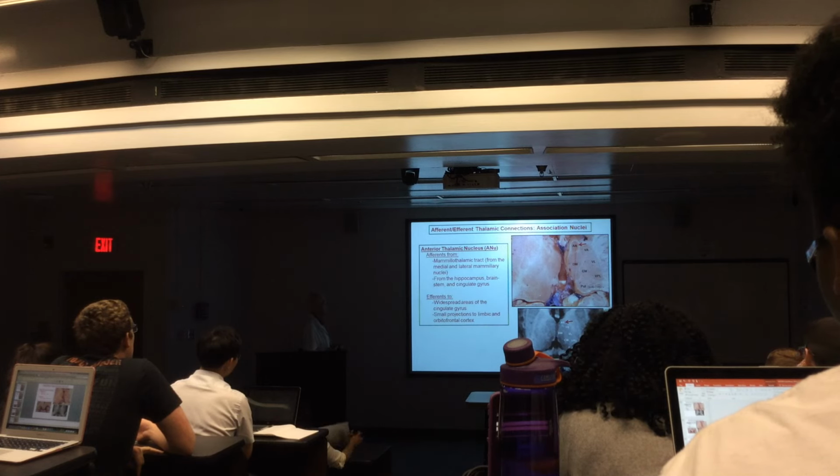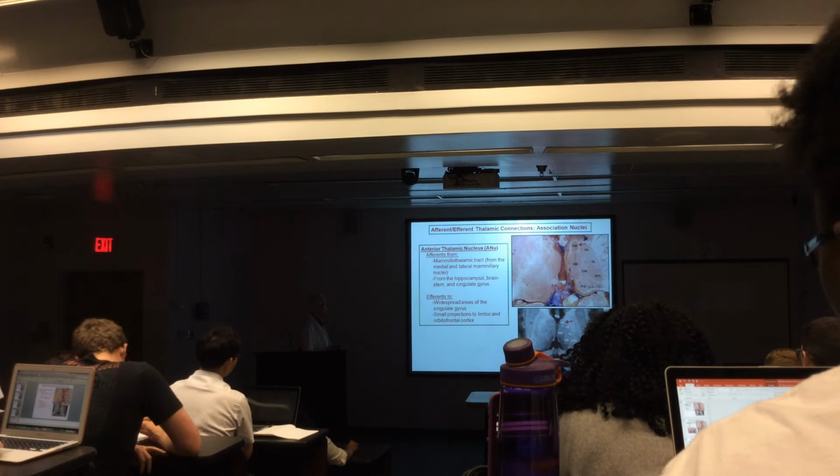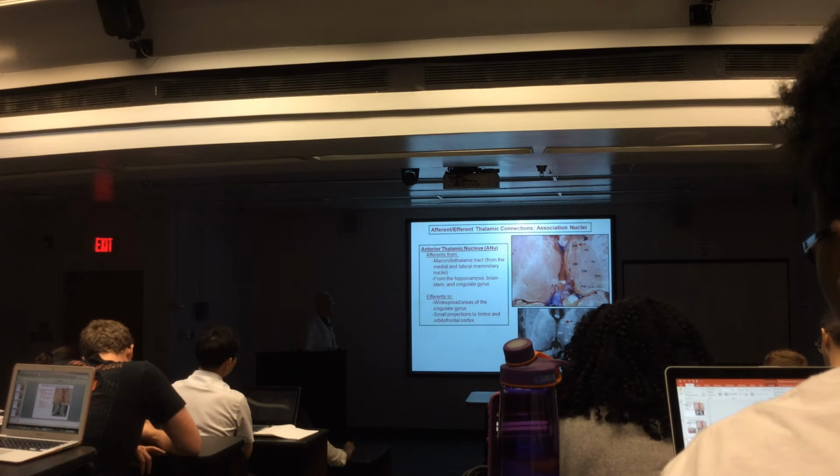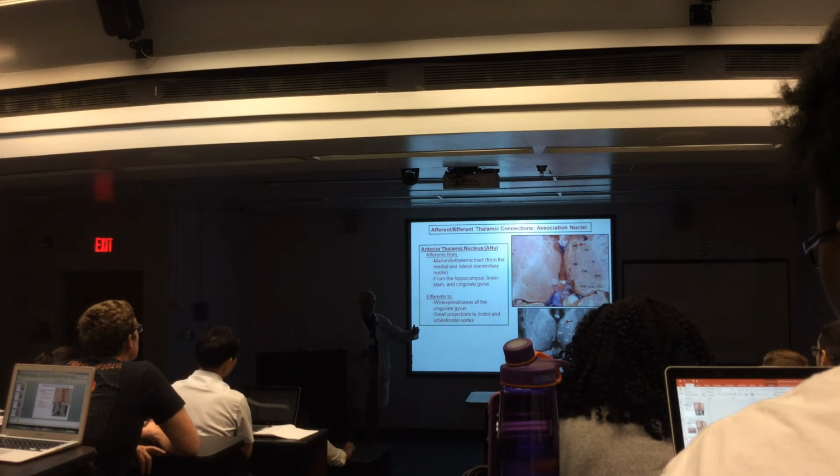Okay, association nucleus. The anterior nucleus is an association nucleus. And you can see here that it gets information from the mammillary body by way of the mammillothalamic tract, from the hippocampus, brainstem, cingulate gyrus, and I'll stop, but we could go on, et cetera.